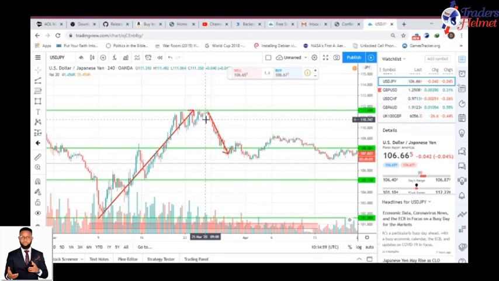Remember, you buy low and sell high. So if you are selling from this point, you place your stop loss above. So this is where your stop loss will be.